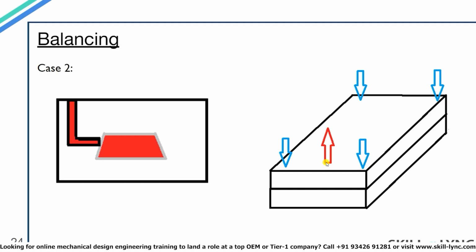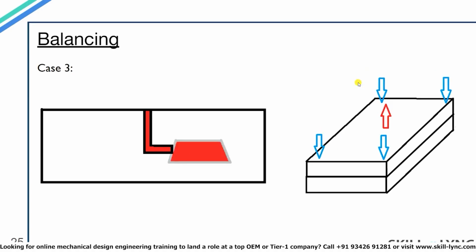Now, as the opposing force is not at the center, one side of the mold will require a higher clamping force and the other side will require less clamping force. And since it is not possible to have different clamping forces at each end, there will be some points in the mold where the clamping force is too high or too low, and we can't have either of these cases. So this is called an unbalanced mold and we can't use this.